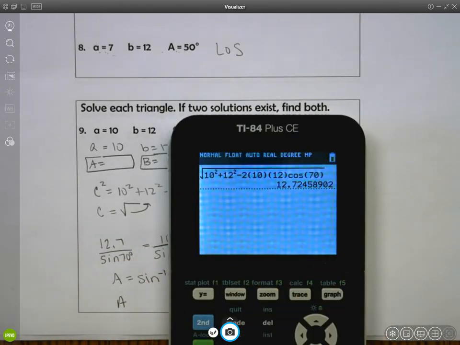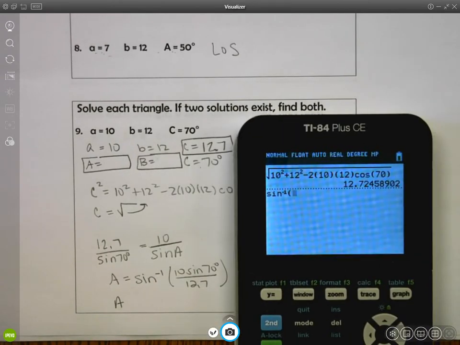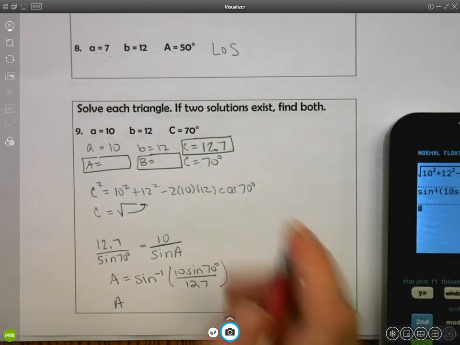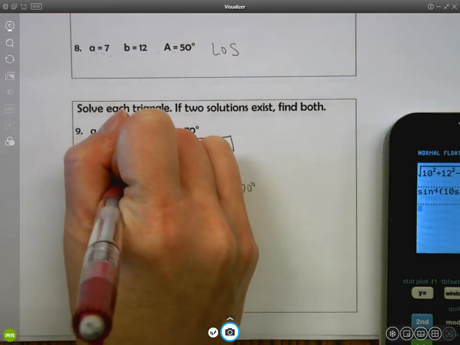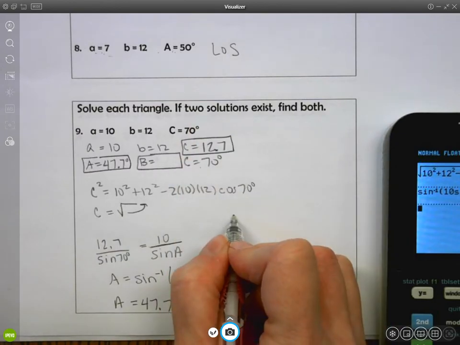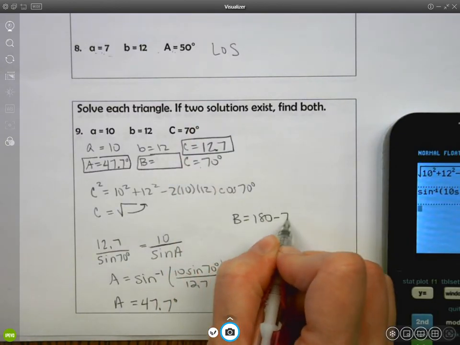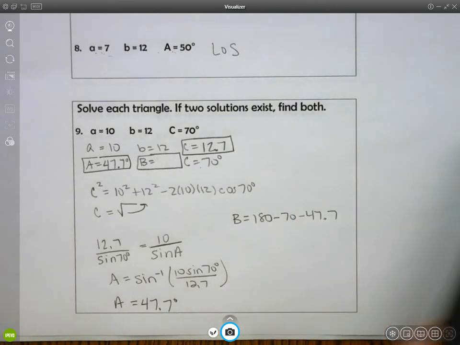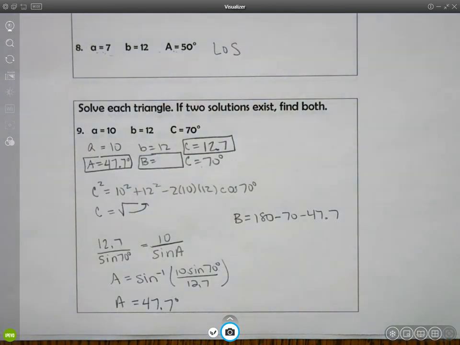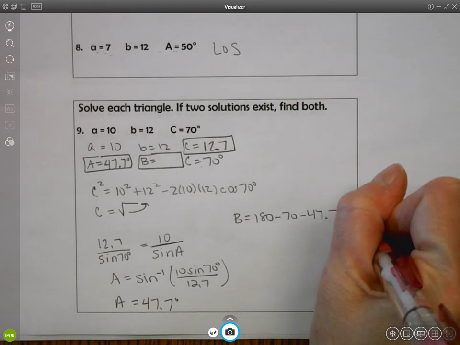So we get 47.7. And then to find angle B, we can do 180 minus 70 minus 47.7. So that's 62.3.